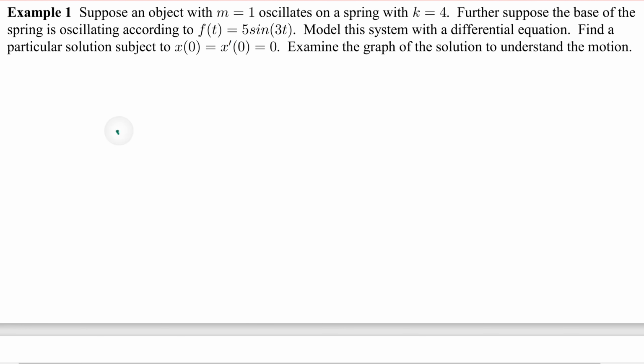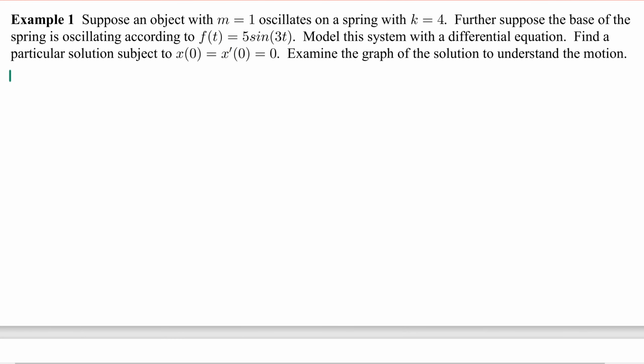So we need to model this situation with a differential equation. There is no damping constant, so we're looking at undamped motion, but because we do have an external force acting on our spring mass system, we call this driven motion. So this is undamped driven motion, or undamped forced oscillations. Our differential equation should look like mx double prime plus kx equals f of t.